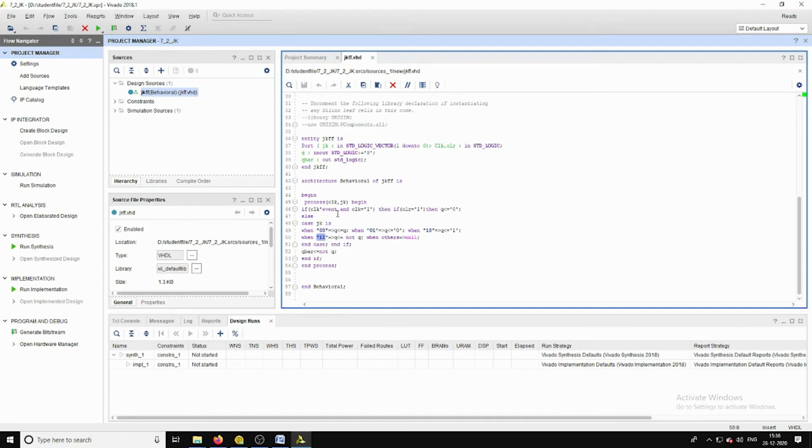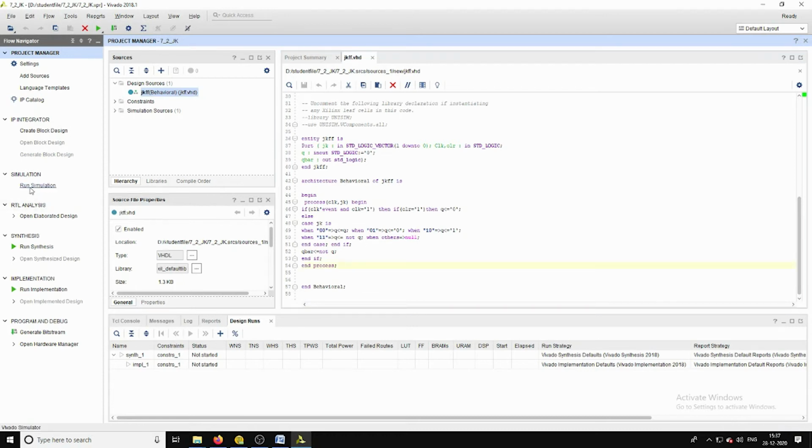See, whenever the positive edge, or else 0 to 1 transition occurs, the operation will start, and whenever the reset signal or clear is assigned as 1, the output will be reset to 0. Otherwise, by using this case logic, we have written this particular assignment of its 4 output states.